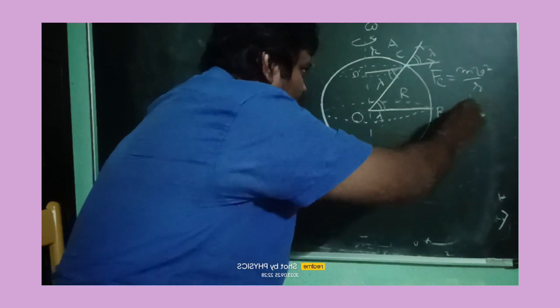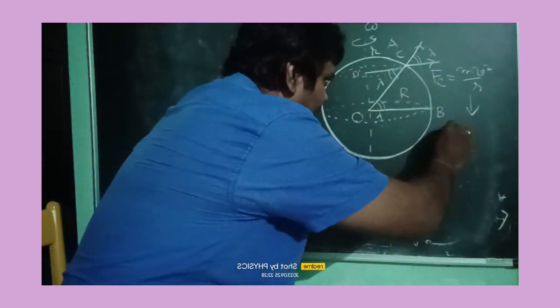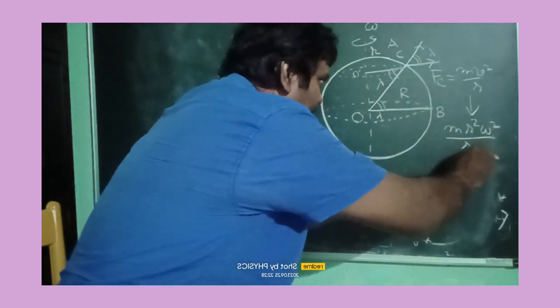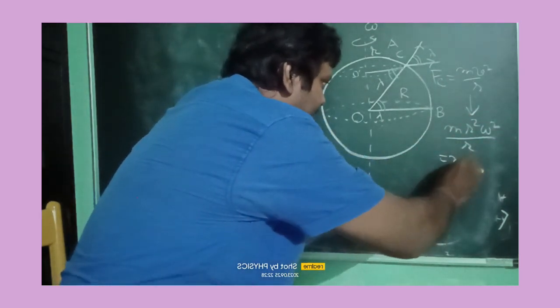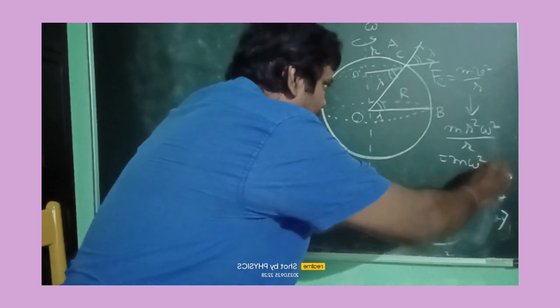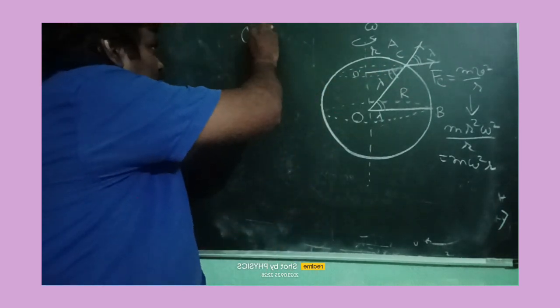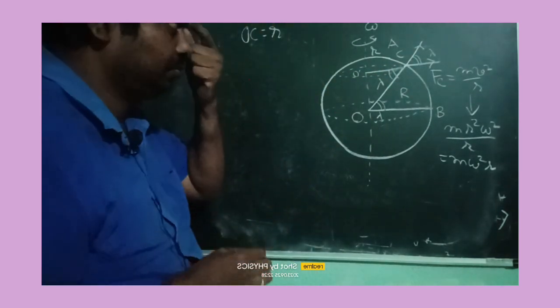Converting it into omega, m r square omega square by r, we have m omega square r, where small r is the radius of that portion, OC is equal to small r.